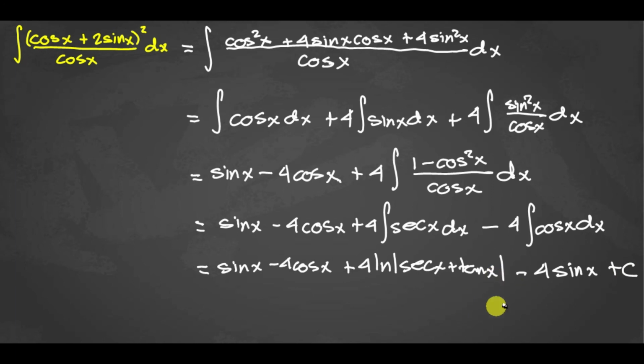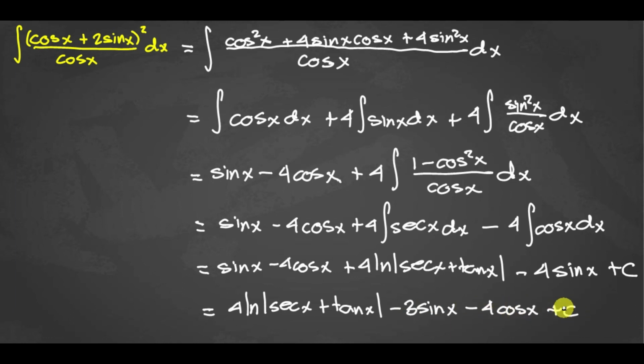Now simplifying the answer, we have 4 ln |sec x + tan x| minus 3 sin x. This is true because minus 4 sin x plus sin x is negative 3 sin x, and minus 4 cos x plus c. And this is our final answer. That will be all, and see you in our next video.